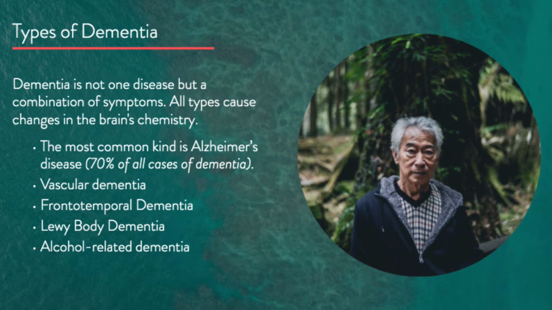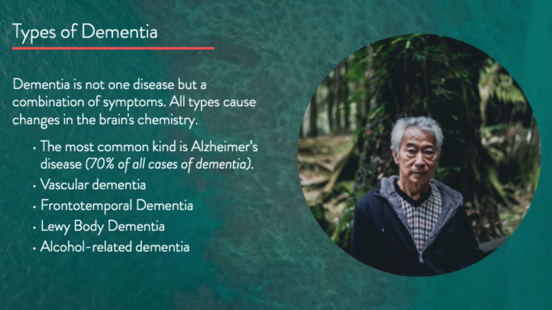Frontotemporal dementia uniquely affects the population under 65. This type of dementia may cause changes in personality and in behavior. Lewy body dementia causes symptoms similar to Alzheimer's disease, but is unique because it begins with sleep disturbances, hallucinations, and impaired muscle function very early in the disease.